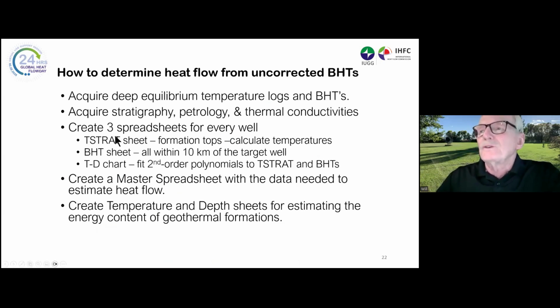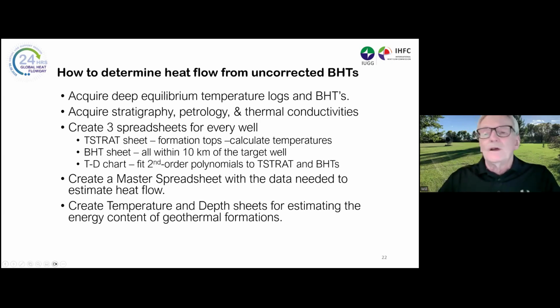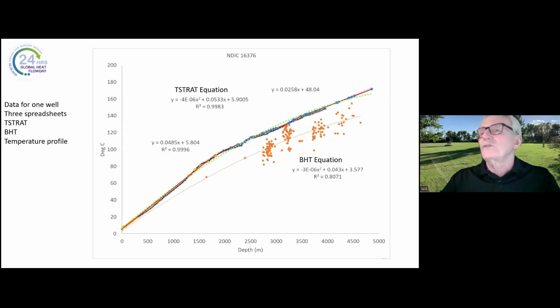One we called T-strat, one we call the BHT sheet that has all the bottom hole temperatures, and then the other is the temperature-depth chart. And then we fit second order polynomials to T-strat and BHT on those. Then we create a master spreadsheet where we have all the data in it, and then we go ahead and carry on with that. So I'm going to show you what we did.